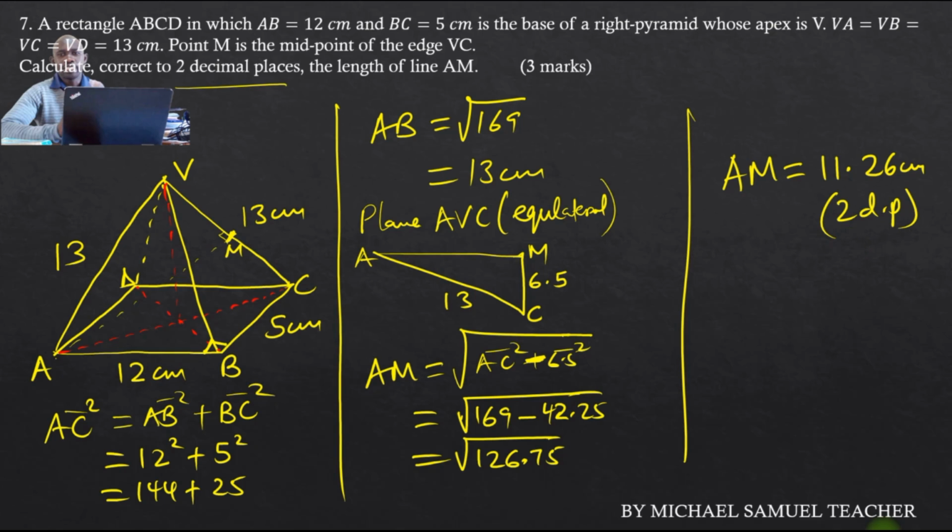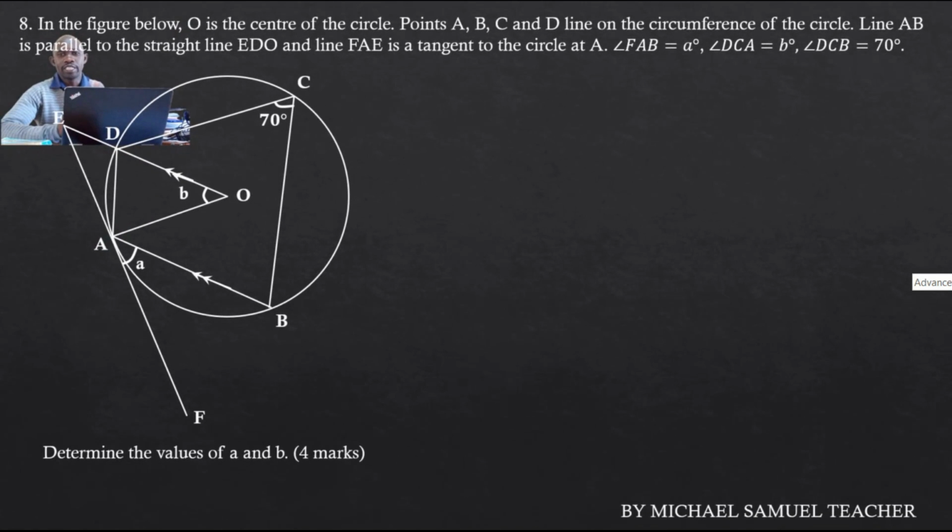We move on to question 8. For question 8, in the figure below, O is the center of the circle. Points A, B, C, and D lie on the circumference of the circle.